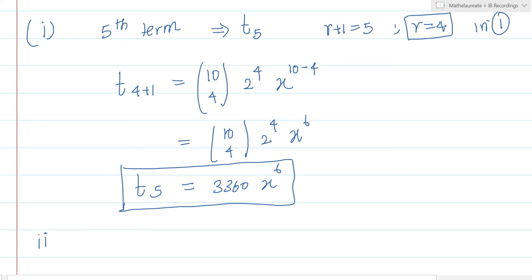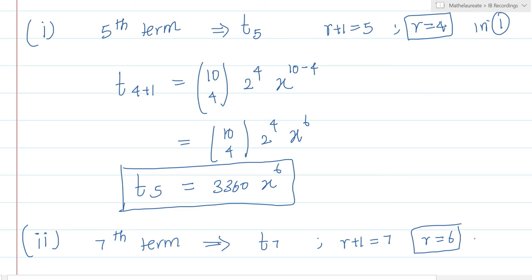If you have to find the seventh term, we do the same thing. If we are finding the seventh term, we are looking for T7. So in place of r plus 1 you substitute 7, which means r has to be substituted as 6 in the first relation.